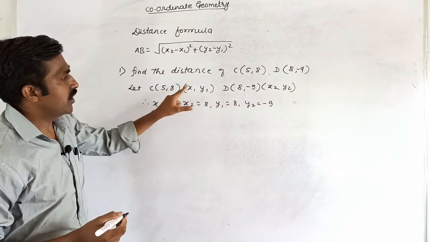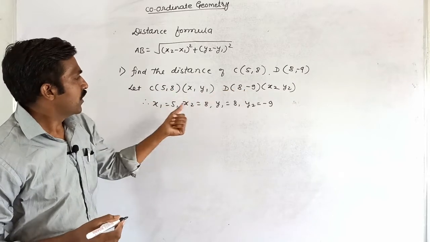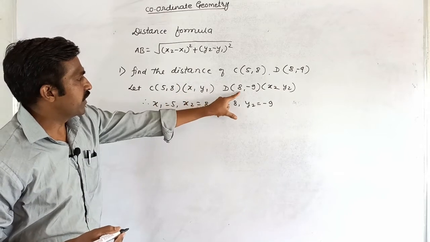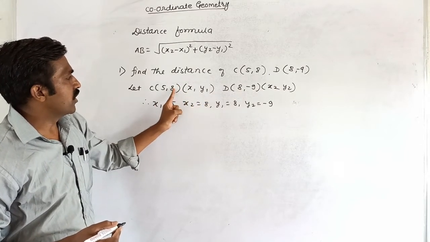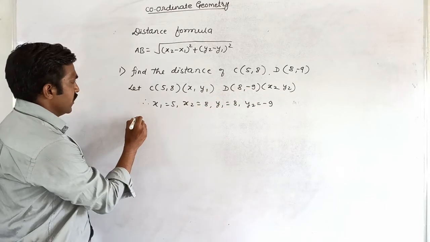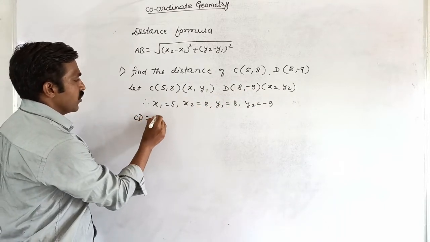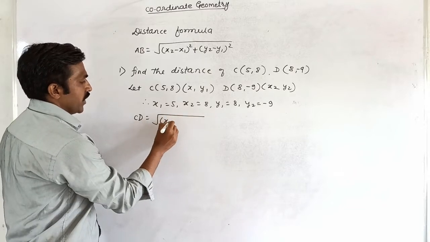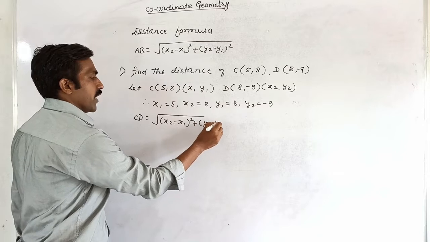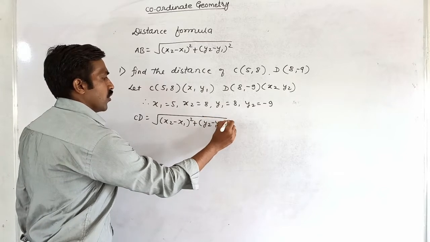Find the distance of CD, which is equal to the square root of (x2 minus x1) whole square plus (y2 minus y1) whole square.